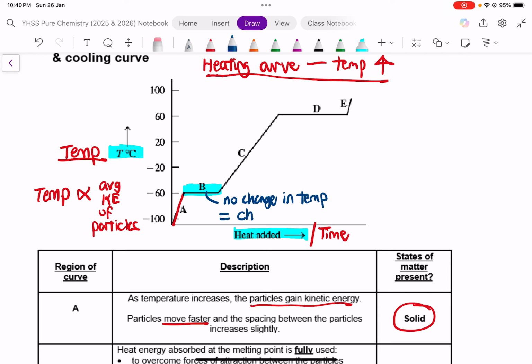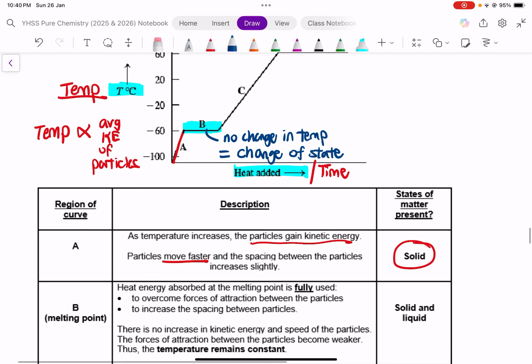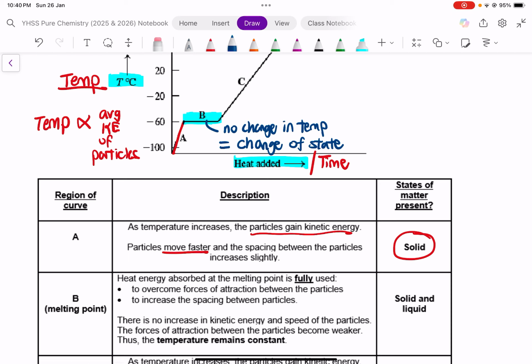This is where there is a change of state. Meaning, in region B, the solid is changing state. So what is happening? Region B is where the solid turns into a liquid. The solid is melting. And therefore, during melting, there is heat energy that is taken in, absorbed from the surroundings.